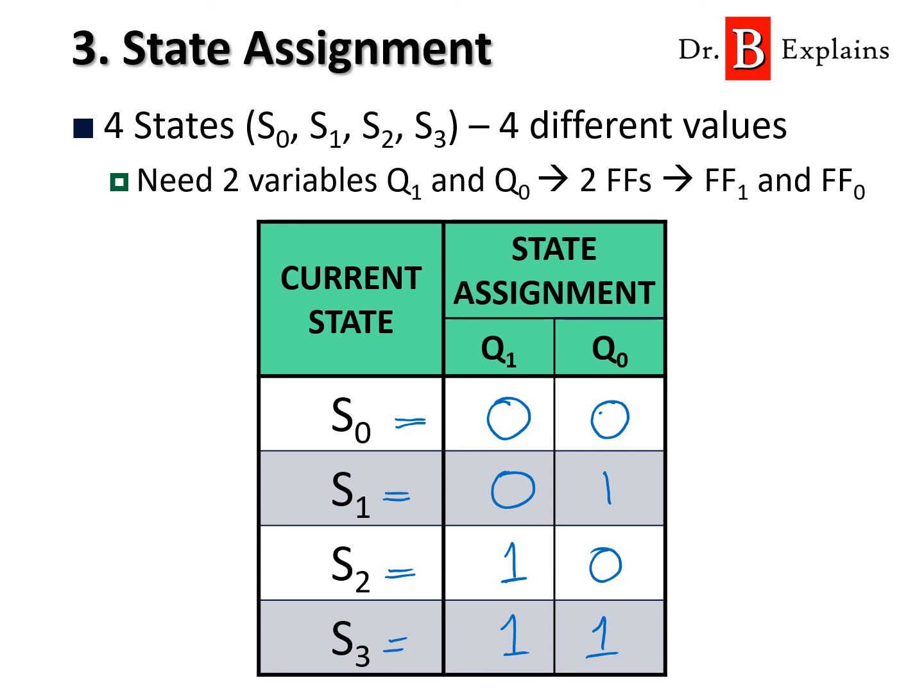You can make a note here that this is not the only way to assign the variables. You could say, this one I'm just going to say is 1 1, this one 1 0, this one 0 0, and this one whatever I have left that I haven't assigned. So it can be assigned in many different ways.